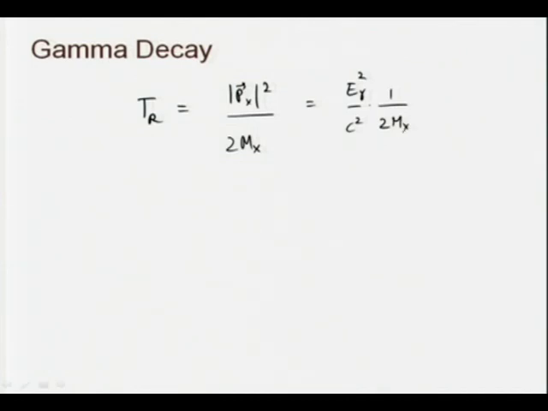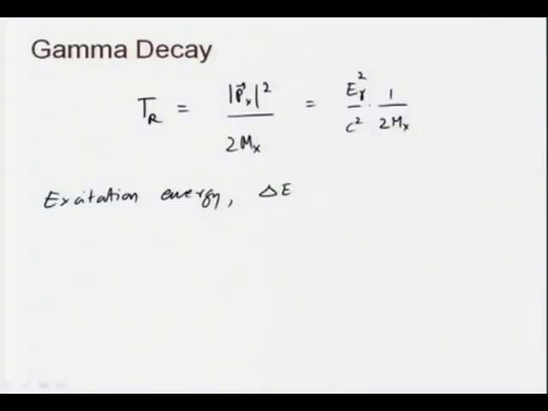So, let us define what is called the excitation energy, the energy difference between the lower energy state of x and the initial excited energy state of the nucleus x star. Let us denote it by delta E, that is equal to E x star minus E x.